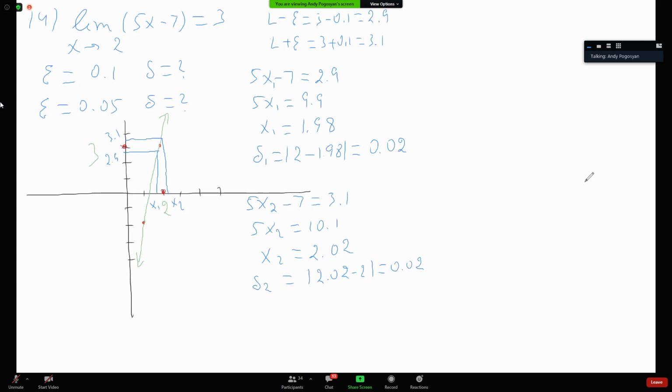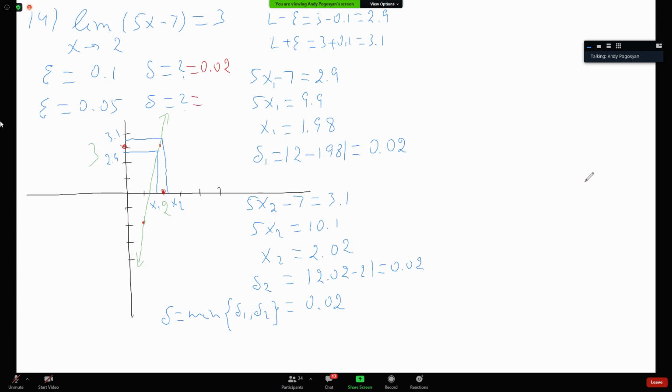So delta equals the minimum of delta 1 and delta 2, which is 0.02. So for the first epsilon, I found it: 0.02.